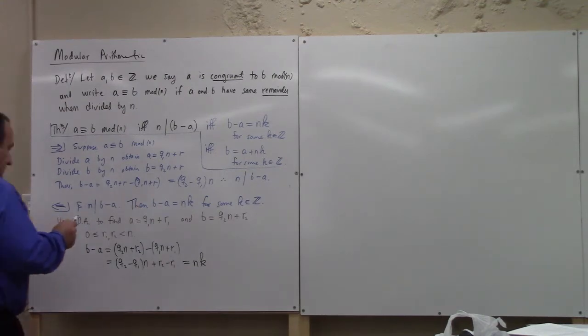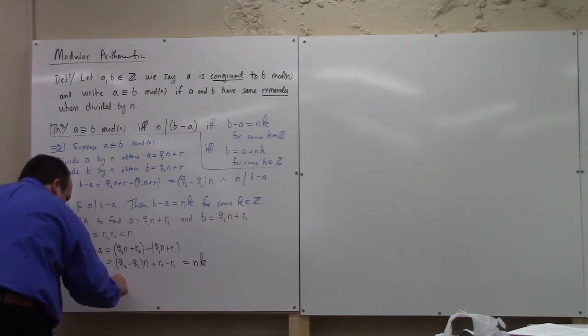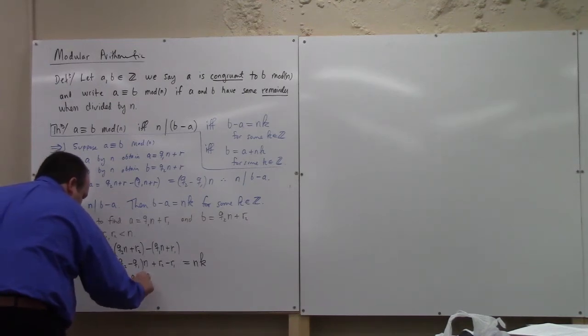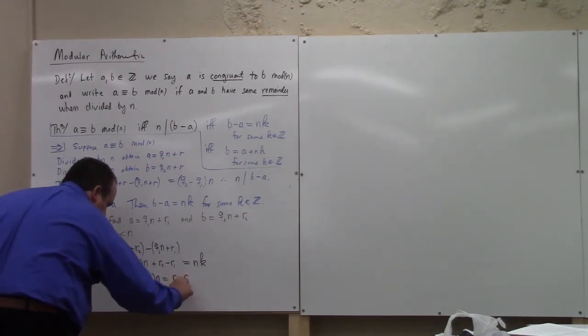All right, so, well, they're equal. So this gives me q2 minus q1 minus k times n is equal to r1 minus r2.